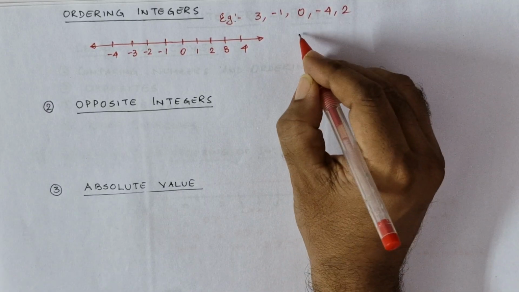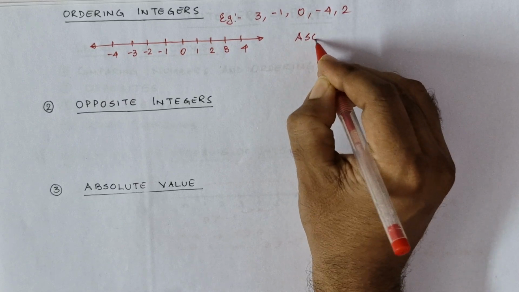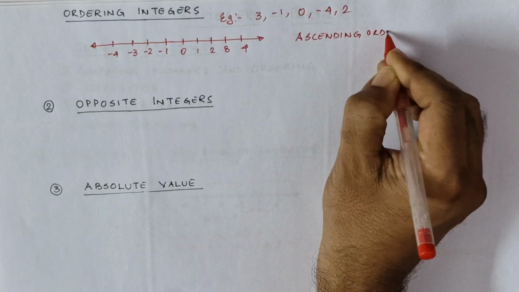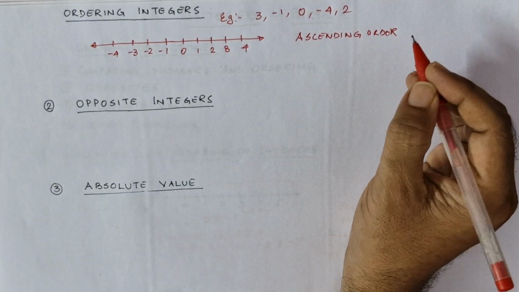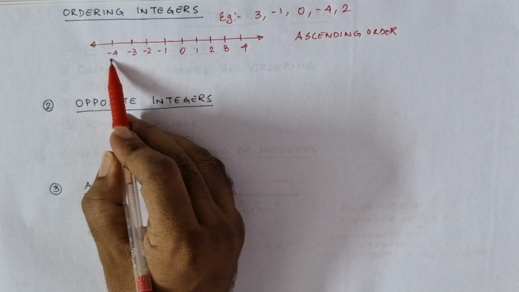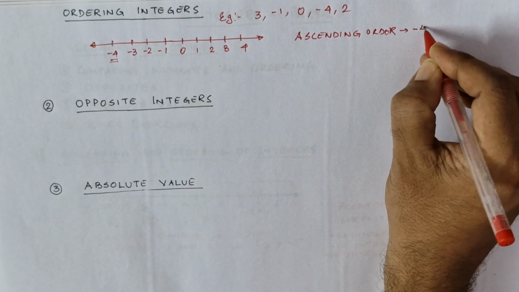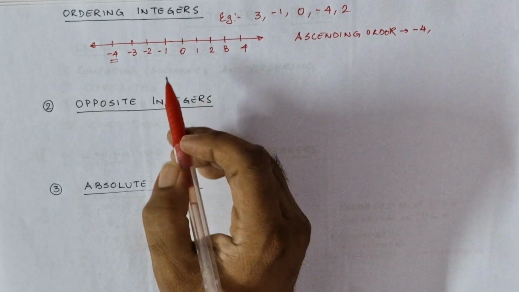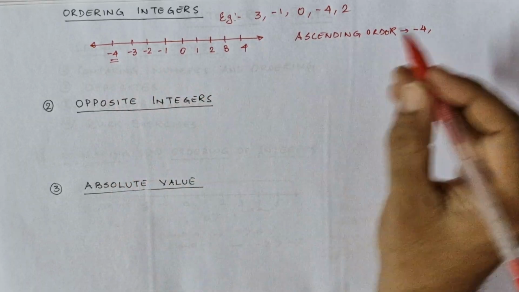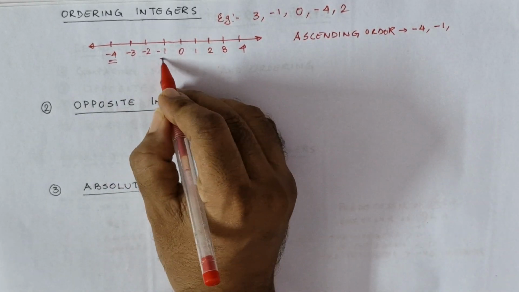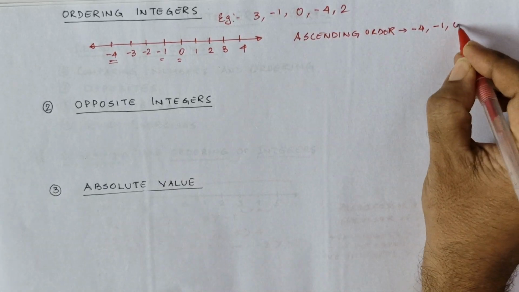So let's say we arrange them in ascending order, right? What is ascending order? Smaller to greater. So which one is the smaller? See, -4. So -4 is the smaller. We write -4. Then after -4 is -1 on the number line. Then comes 0.